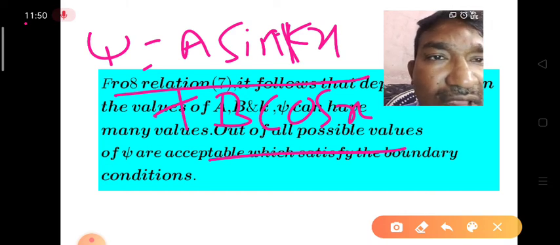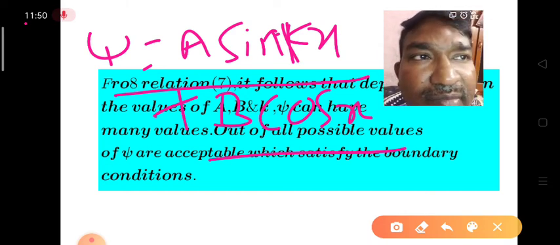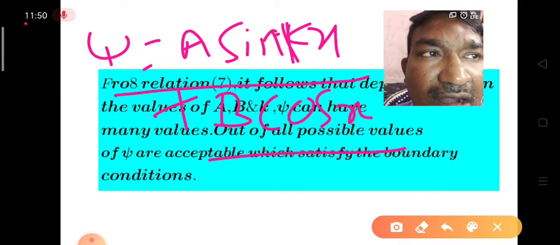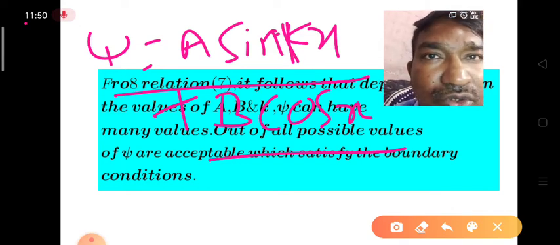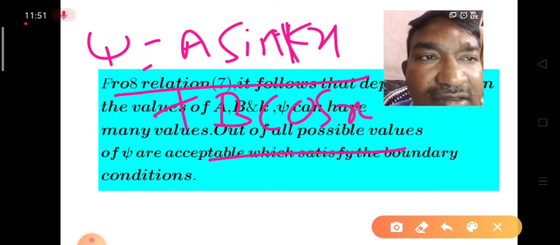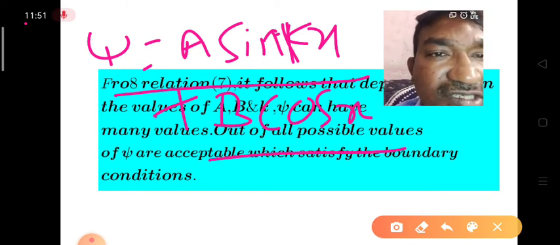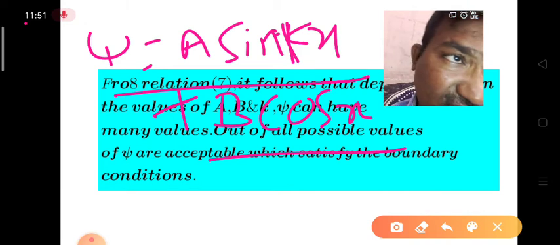Psi may get many values, but not all are acceptable values. Those values of psi are acceptable which satisfy the boundary conditions.